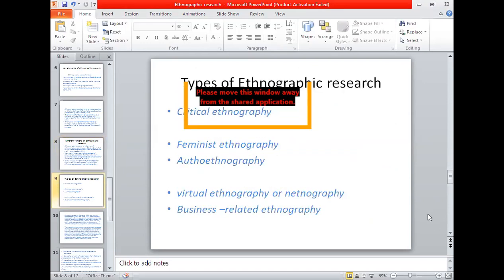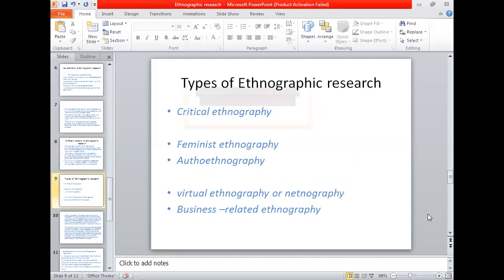Now look, what can be the types of ethnographic research? Simply, there is critical ethnography, feminist ethnography, auto ethnography, virtual ethnography, and business related ethnography. These are some of the types of ethnographic research which I have introduced to you.